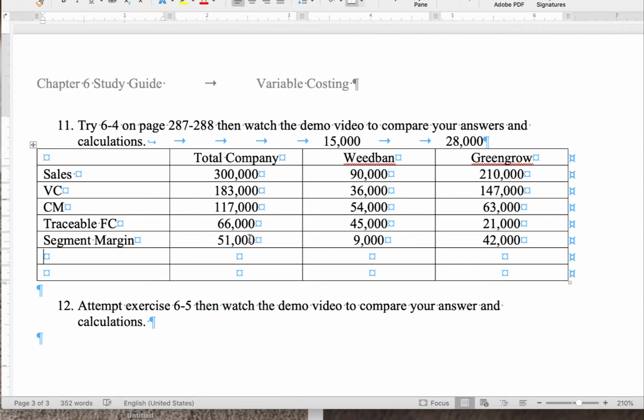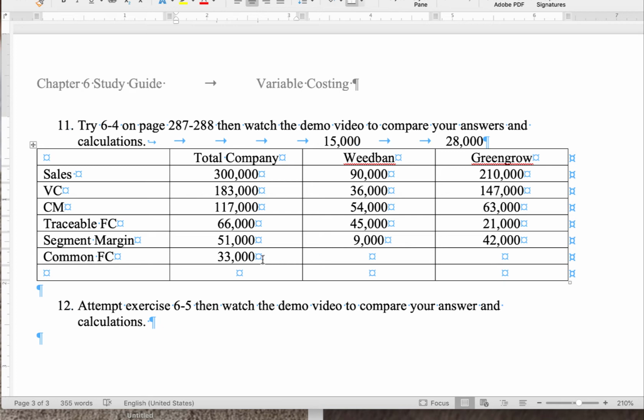Now I subtract out the common fixed costs. The common fixed cost, the problem tells me, is $33,000. So I'm going to plug that in. Notice I didn't allocate this common fixed cost to each of the divisions. Why? Because common fixed costs never get allocated to the divisions.